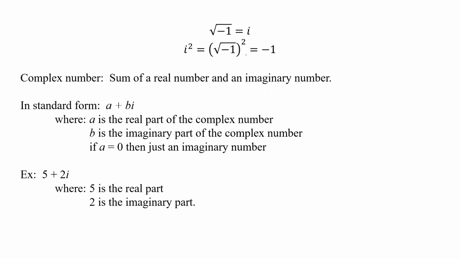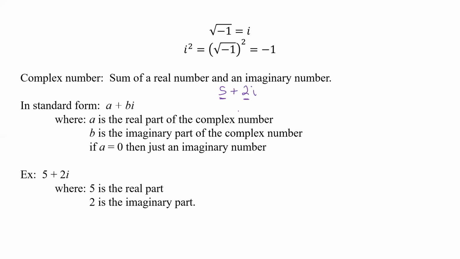So with that in mind, we're going to start coming up with what a complex number is. A complex number is a sum of a real number and an imaginary number. So we're going to have some real number like maybe a 5, and the sum of it and an imaginary number, say we have 2i. In standard form, it looks like a + bi, where a is the real part of the complex number, and b is the imaginary part.